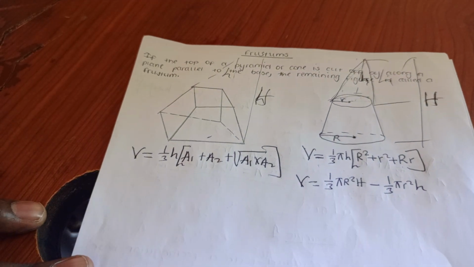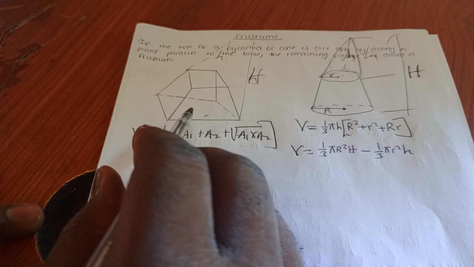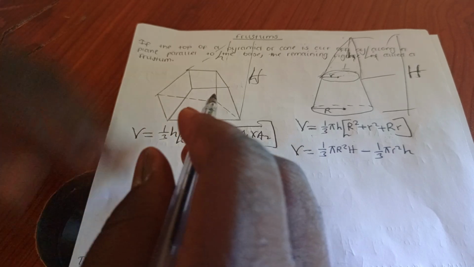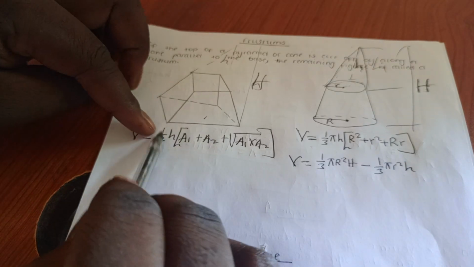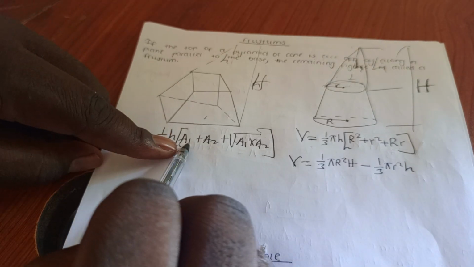This is also another formula for the volume of the frustum of a pyramid: 1 over 3 times height times that.